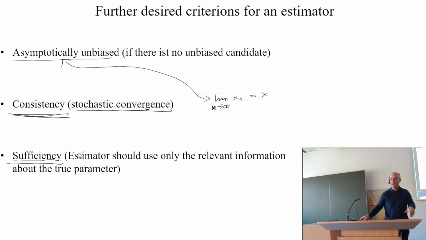Because in the end, when we are doing statistics, we are not interested in every piece of information which we have in the data set, but we want only to have a good estimator for our true parameter.